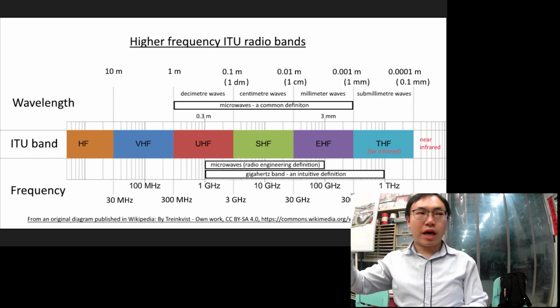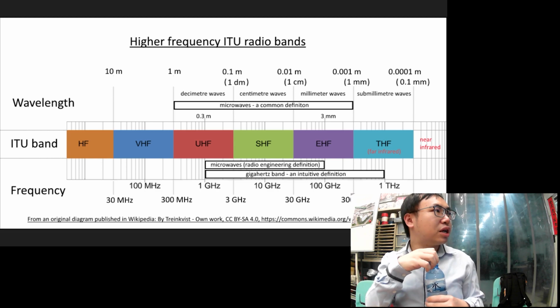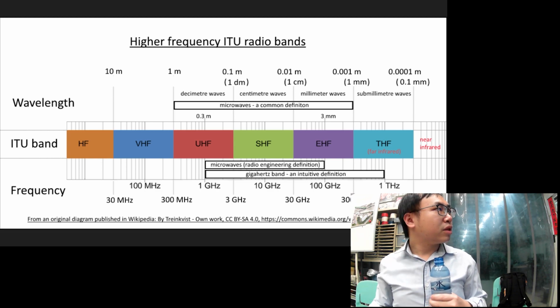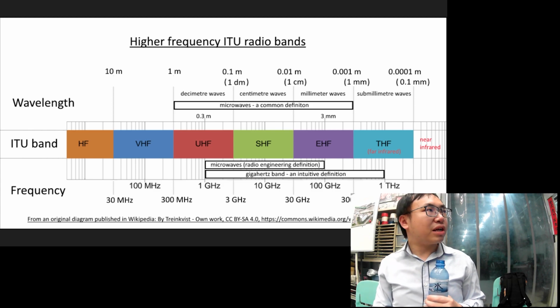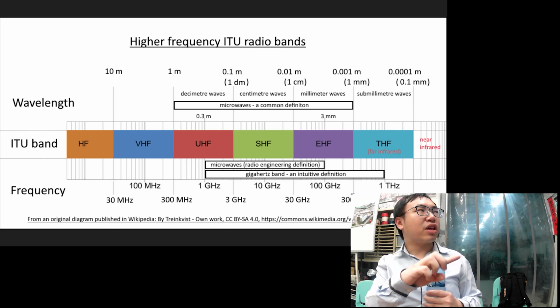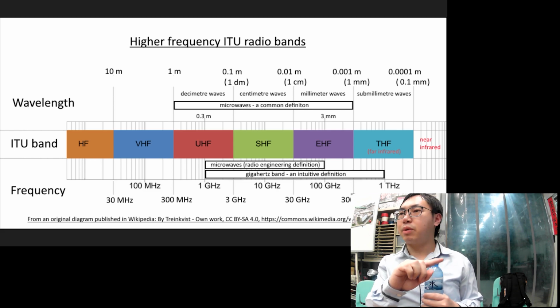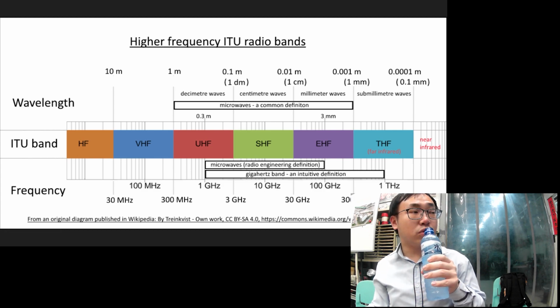So I found this in Wiki. This is a very good illustration of the high frequency radio bands. I actually looked on Wiki to see if there are any low frequency ITU radio bands, but no, I only found the high frequency ones. So if I really want to memorize HF, VHF, UHF, this is a very good chart to me.